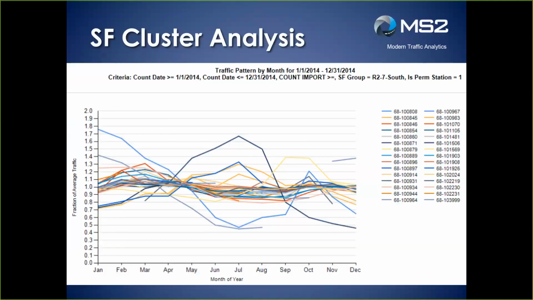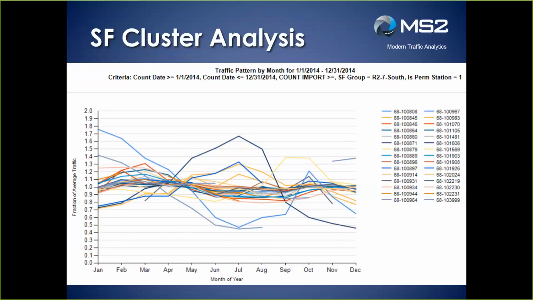So let me talk about the clustering analysis a little bit. This is an example of a bunch of permanent count stations throughout the whole year in 2014. When you plot the monthly factor, you can see that they jump all over the place. They don't exhibit a similar pattern, right?